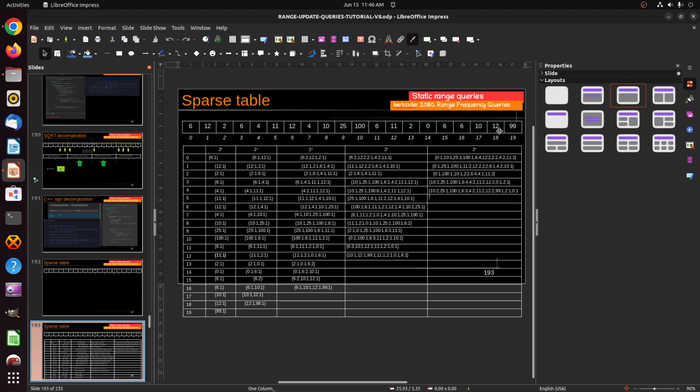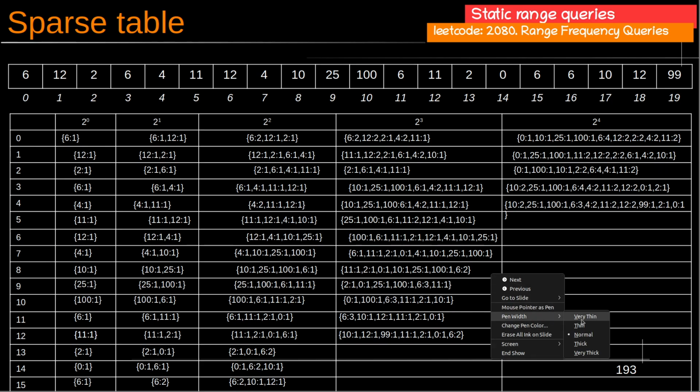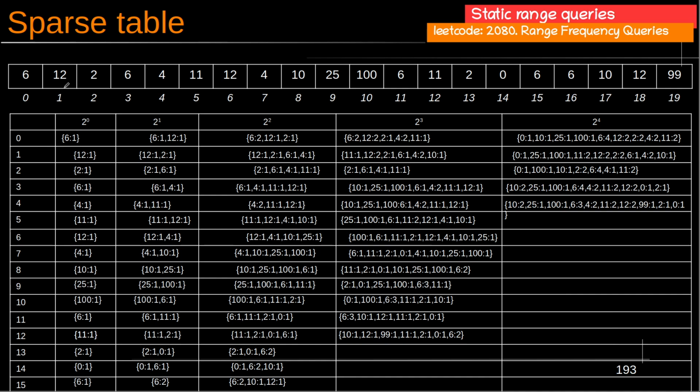And each time we will compute the frequency of each element. For example, here in the first column we have just 1, 6, 1, 12, 1, 2, 1, 6, 1, 4. We take each element by itself. In the next column we have to merge this one and this one to get this one.